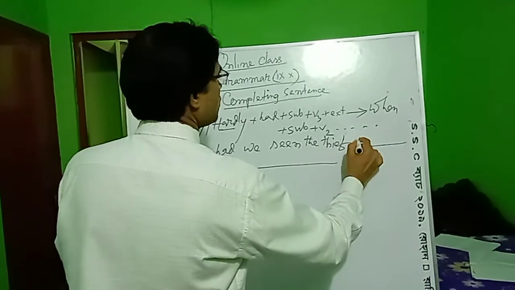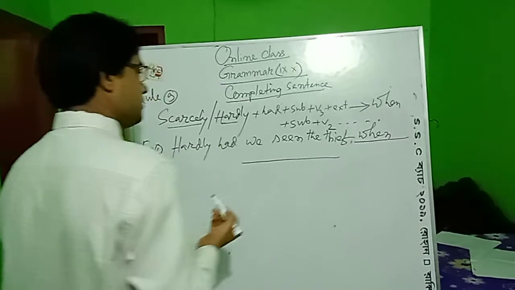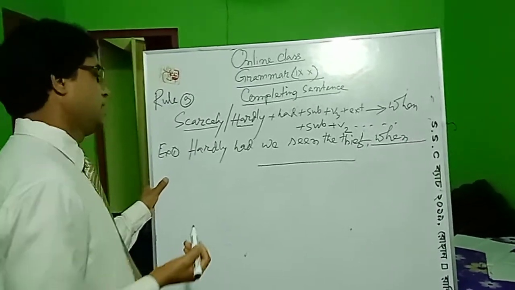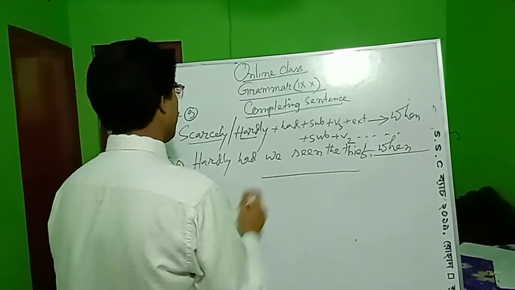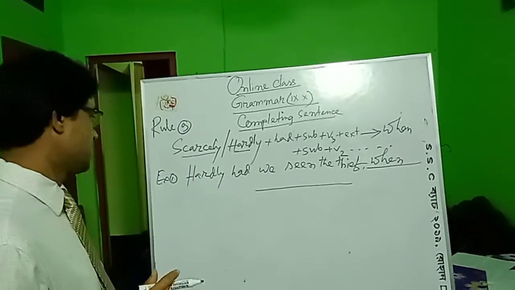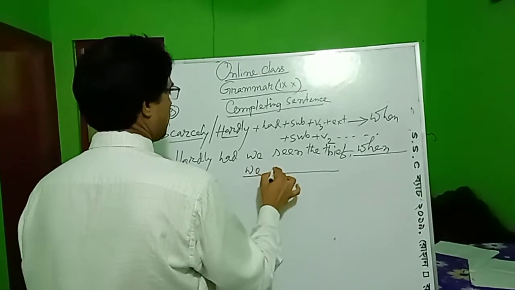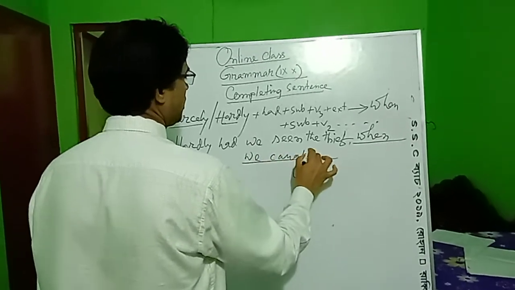We will use when. Perhaps you have already used when, then we will use subject, matching on the meaning of this sentence. Hardly had we seen the thief when we caught him.